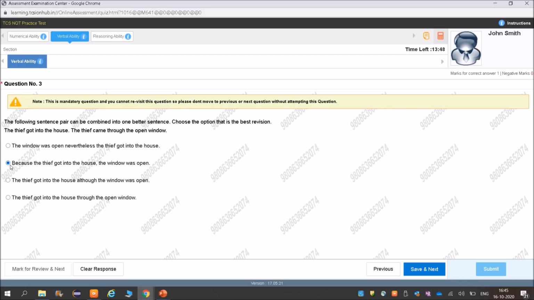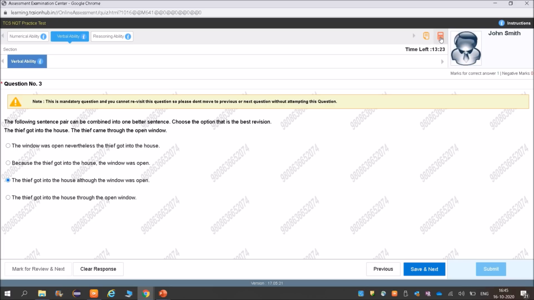Now friends, suppose you have selected option B here, and now if you want to clear your response, then it is cleared. Suppose you marked option B, but after a few seconds you feel that option 3 is the correct answer. So either you can select like this, or you can clear the response and then go and select. Okay. So this is one more important thing.